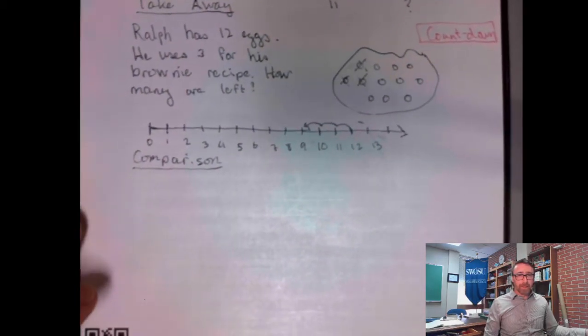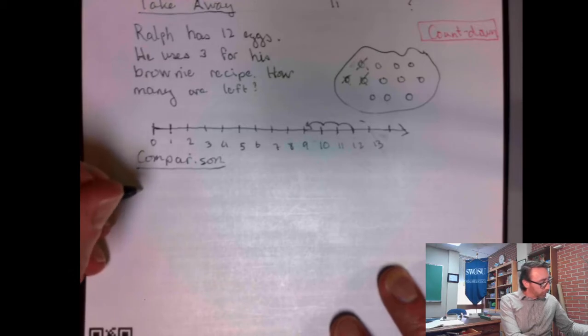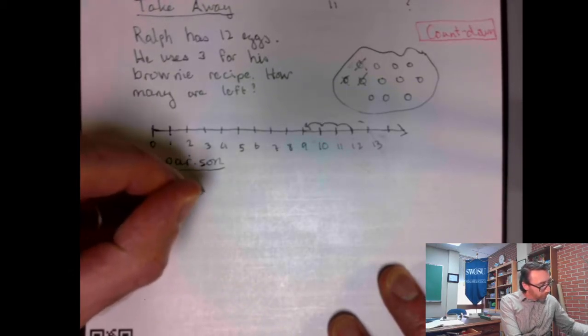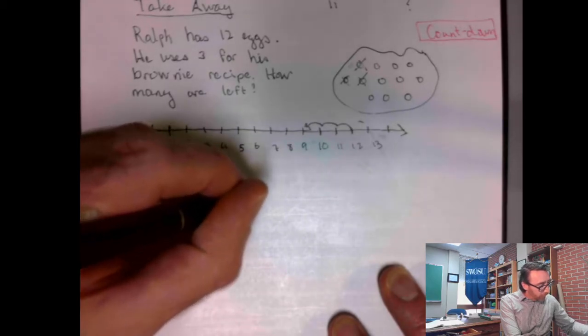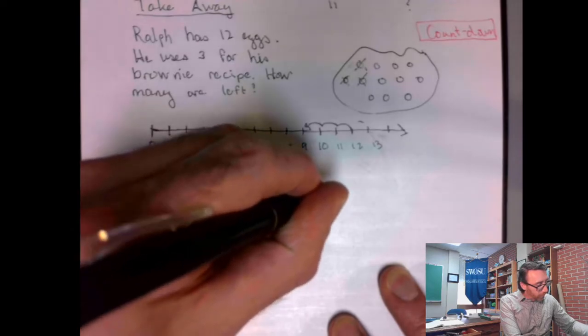And the last interpretation I want to talk about is the comparison model. Let's say the problem is something like this. Alice uses a 14-pound bowling ball.